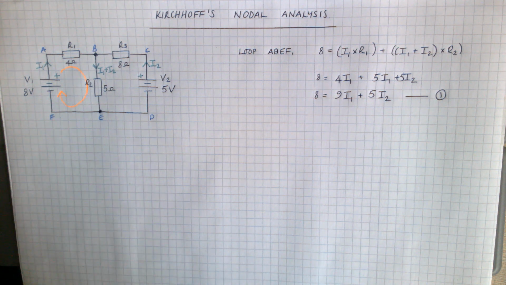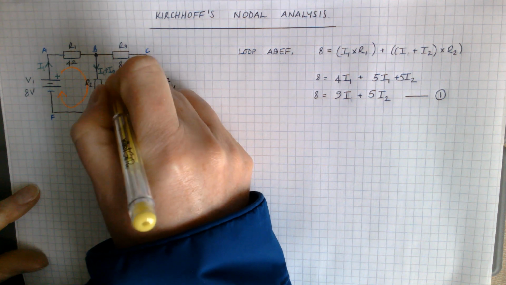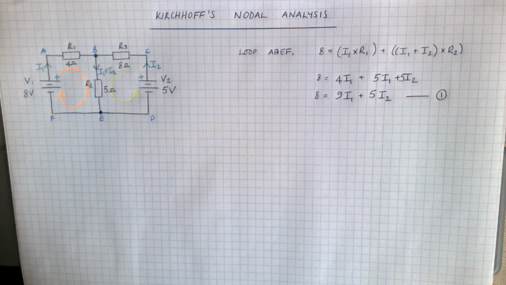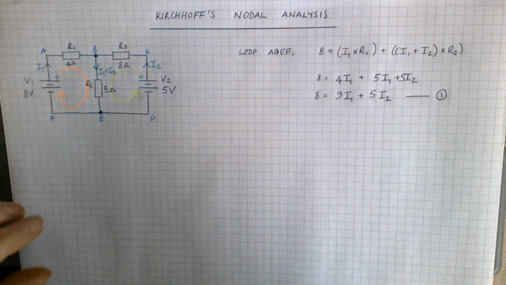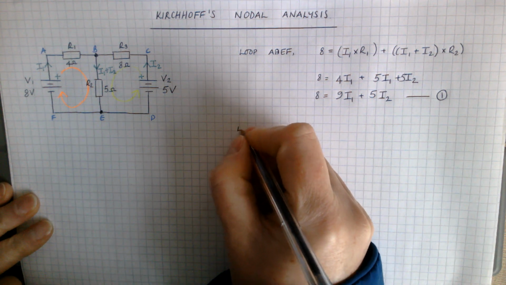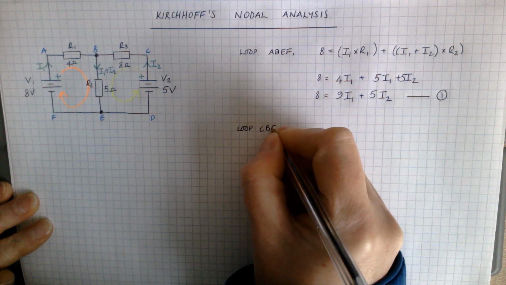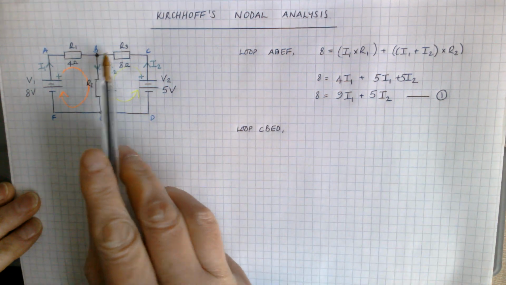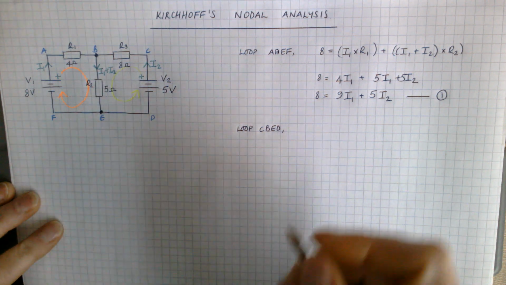So the second loop I want to use in my analysis is this loop coming out from the positive of the second supply, round here. So it's that one shown in yellow. And that loop, looking at my labelling, is C, B, E, D, following it round. It doesn't really matter if you've written B, C, D, E, as long as you've got the 4 points in that loop.